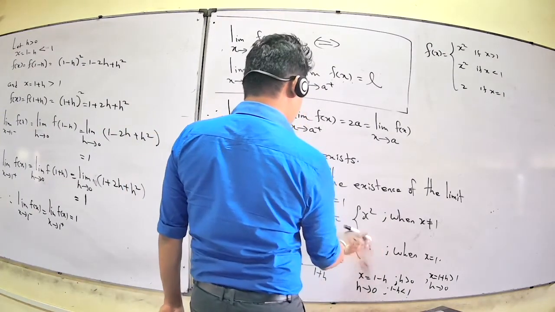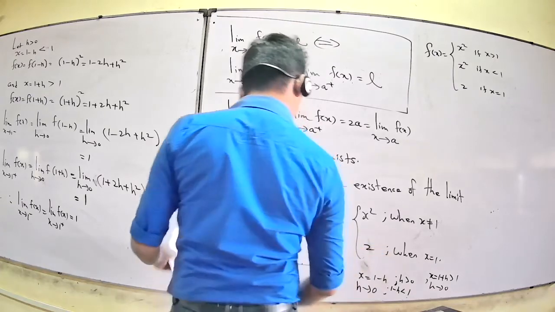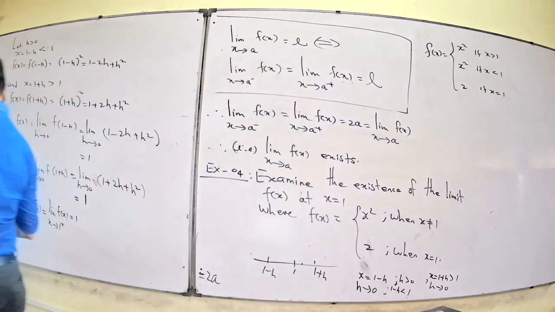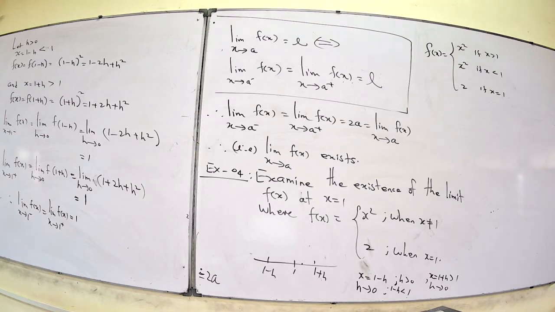Suppose you have here 2, then for this case the limit does not exist.